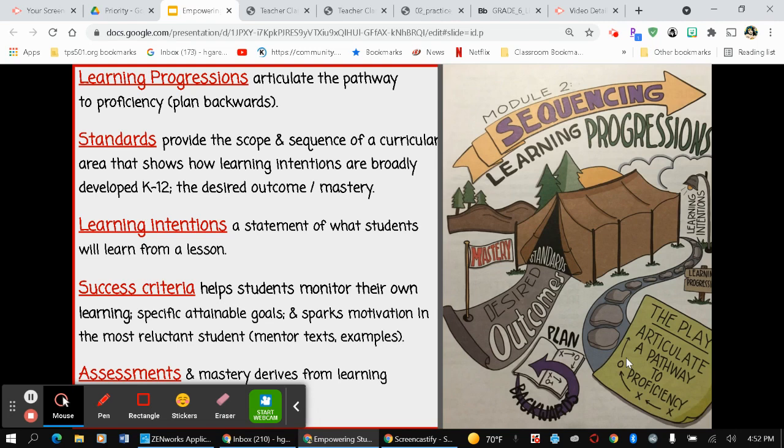So by giving them success criteria, we're giving them a path to go down, and we're giving them motivation to go down it. Assessments are going to be driven by the learning progressions and the work that we've done together as teachers collaboratively. And it's going to give us more authentic assessments, and that will give us a truer and deeper knowledge and understanding of what our students know and what they're able to do.